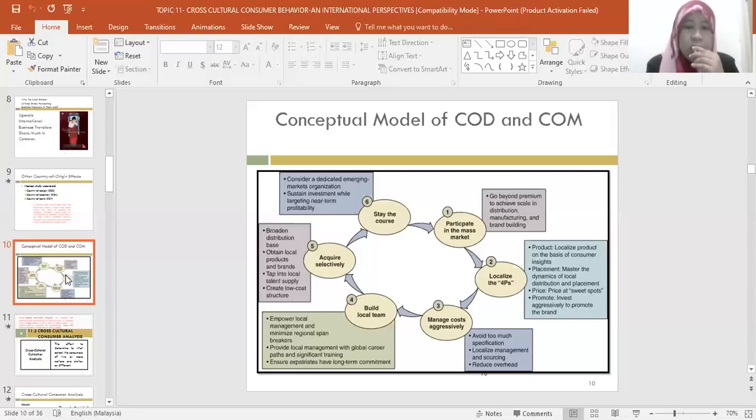And then provide the local management with the global career path and significant training. Of course, training is very important. And then ensure the expatriates, just now I already told you, an expatriate is an executive being sent in order to explore the country that you want to do business in, and then ensure they have long-term commitment.